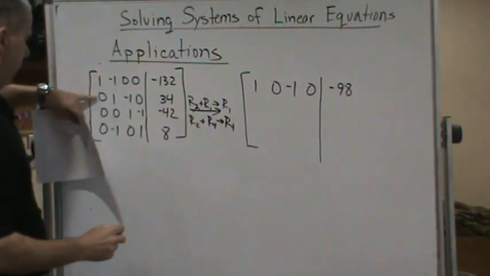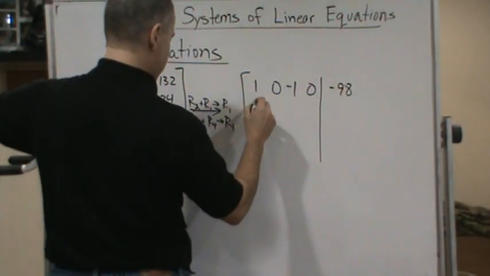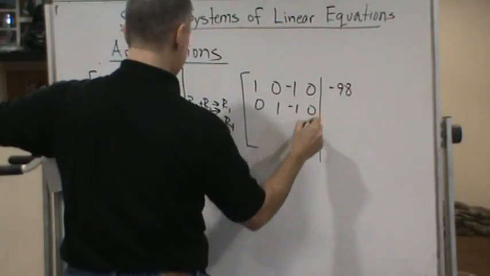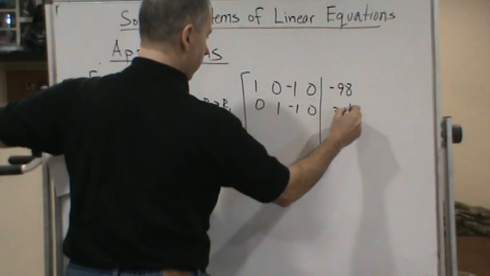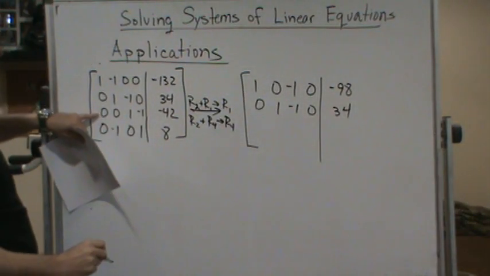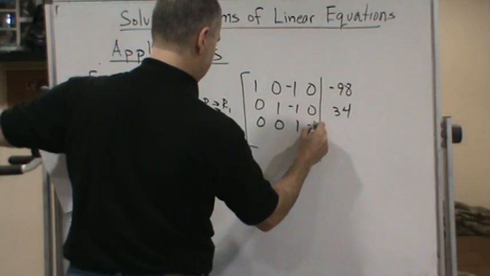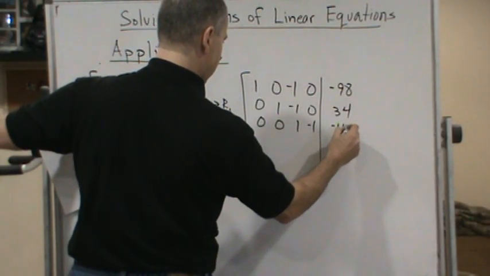All right, now row 2 is unchanged, so 0, 1, -1, 0, 34. And now this row is unchanged, so 0, 0, 1, -1, -42.